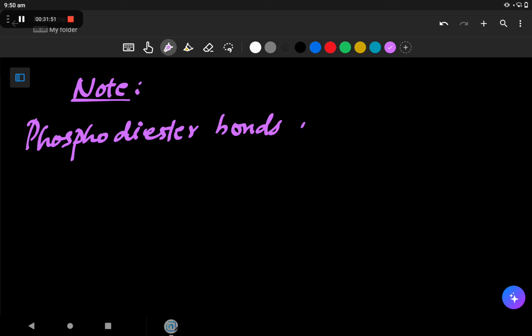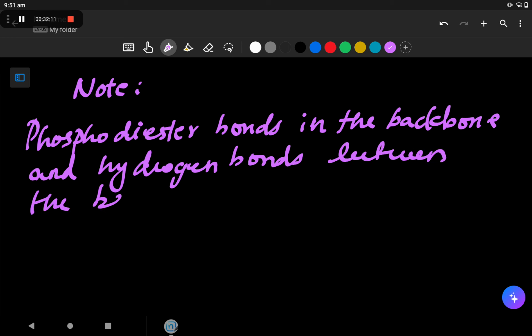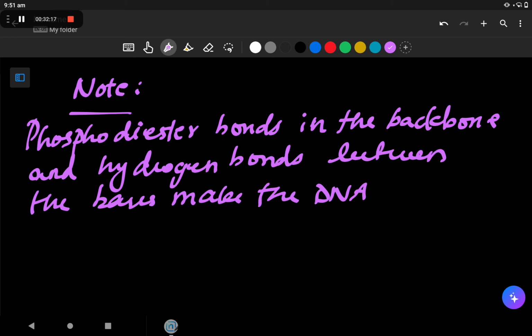Let me give you a note point. Phosphodiester bond is in the backbone, and hydrogen bond between the bases makes the DNA a double helical structure.